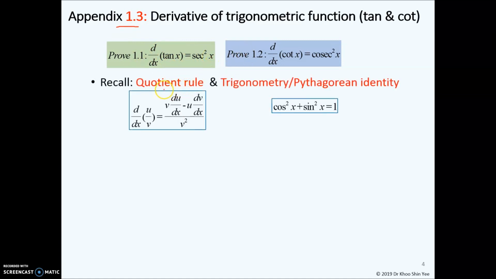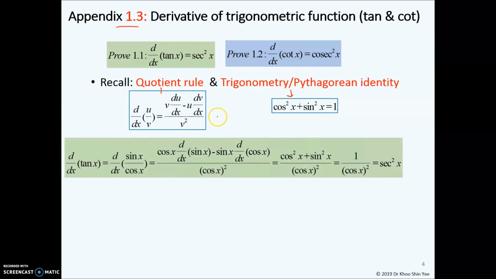So these are the 2 formulas we use to derive. Firstly, tangent is equal to sine over cos. If you apply the quotient rule, the quotient rule says that for the v, you remain here, and then you differentiate du over dx.